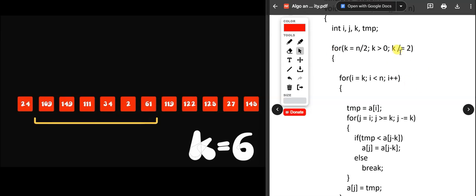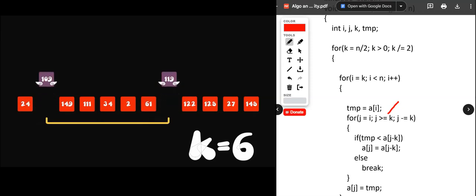Just observe here, this k. That means you start j at the ith position, continue while j is greater than or equal to k, and j gets decremented. So applying that into this logic, the comparison takes place in that way.